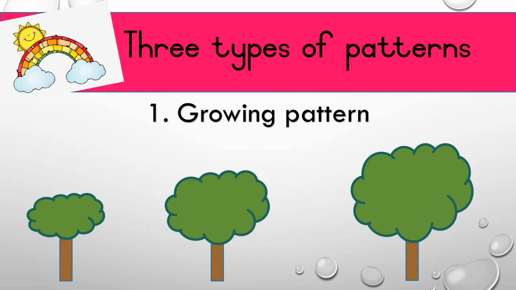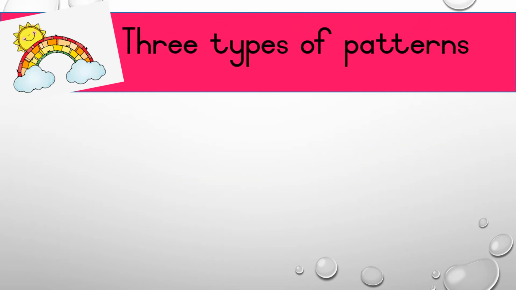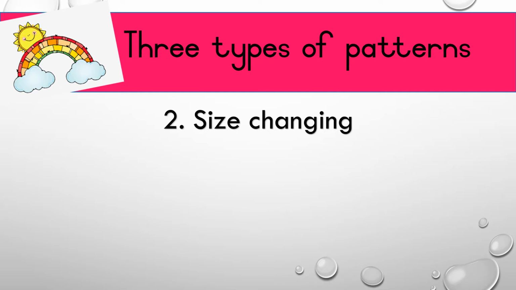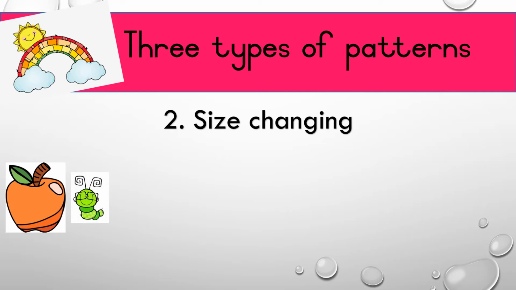So that was our first type of pattern. Who can think of the second type of pattern? That will be a size changing pattern. So let's look at the example. We have an apple and a worm.